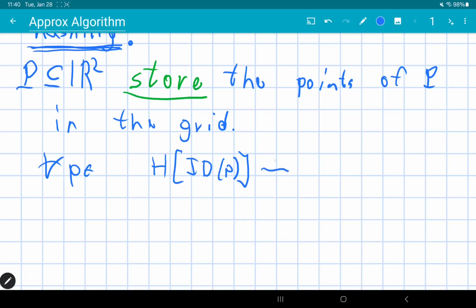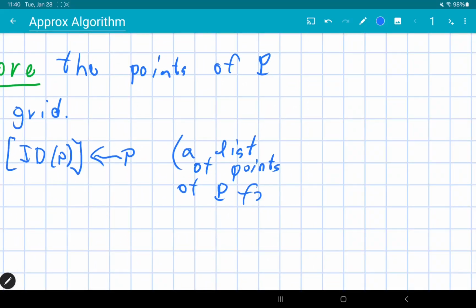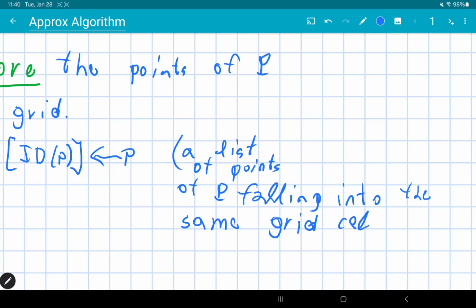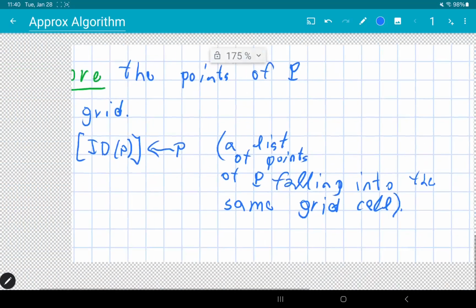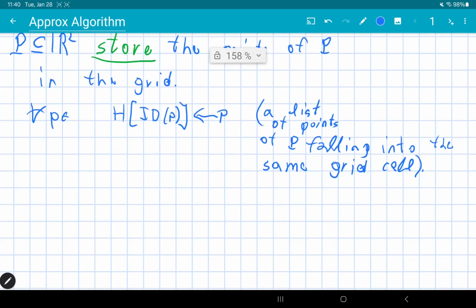Now you have to be a bit more careful and really store a list of points of P falling into the same grid cell. Okay. So of course this looked like a very natural way of storing a point set.